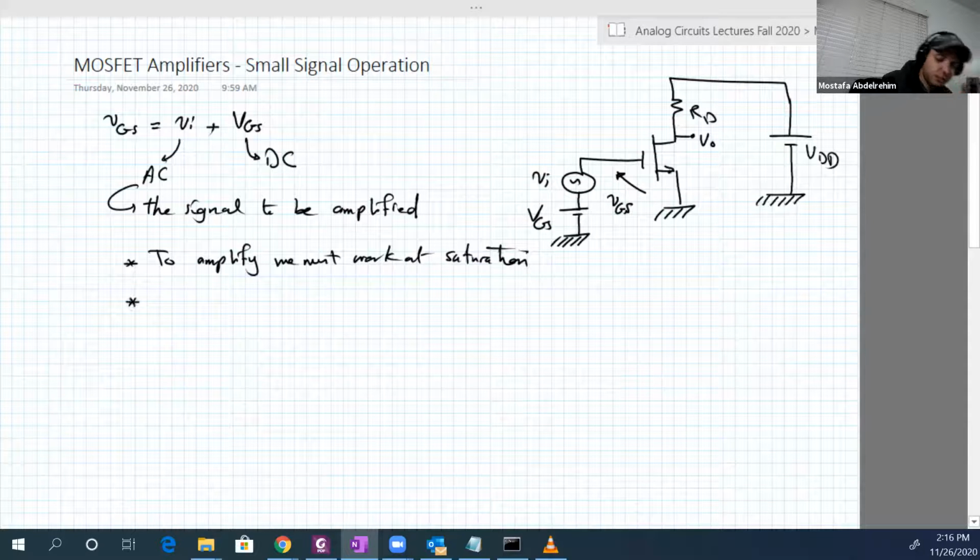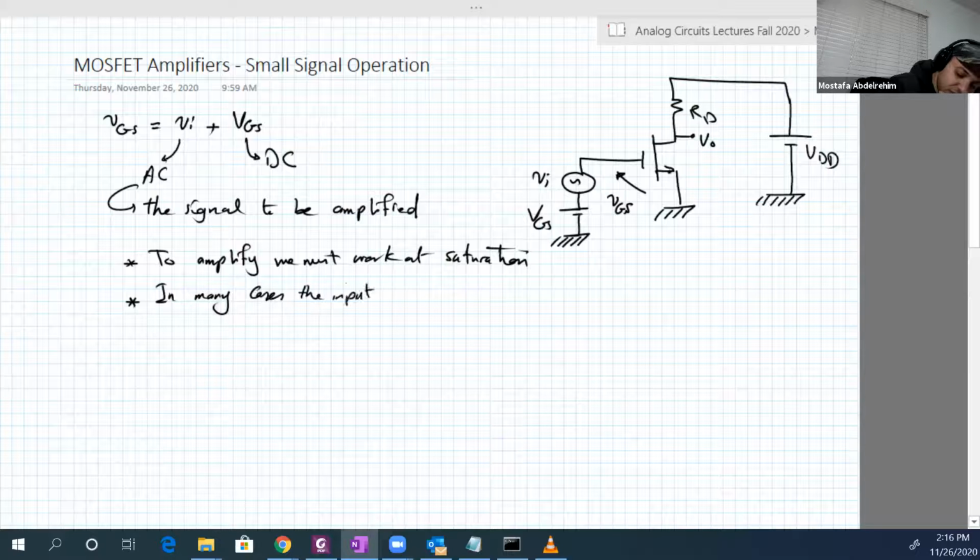Number two, most of the time, since we want to amplify something, this something should be small, right? So we have many cases in which the input is really very small.